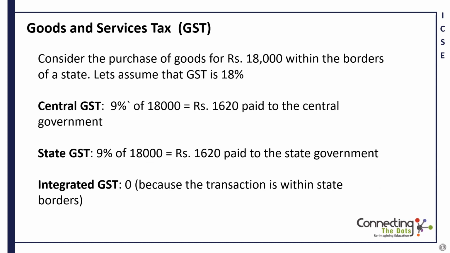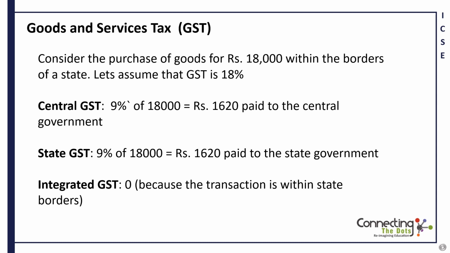Now, to illustrate what I just said with a simple example, let's look at this scenario where there is a transaction. Goods of rupees 18,000 are purchased within the borders of a state, which means it is one state inside a state. And if the GST is 18%, then let us see what the three individual components of GST are.